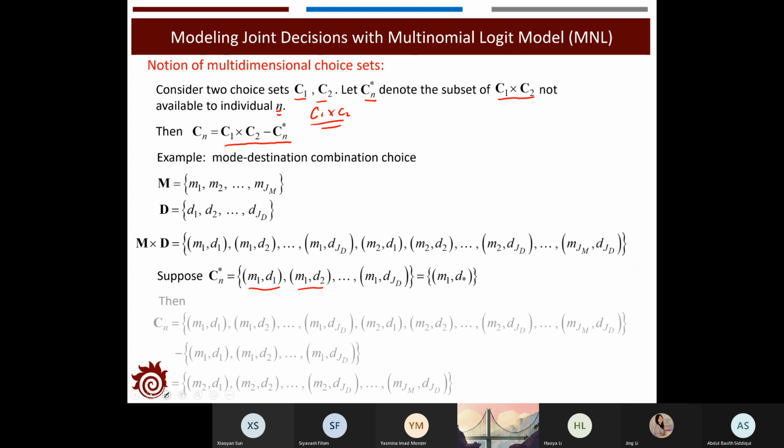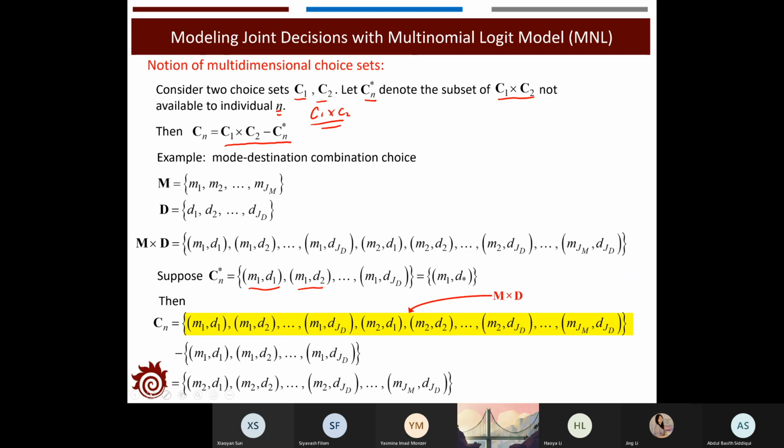Then we can find out the actual decision choice set for the individual n, which would be C1 times C2 minus Cnk. So in this case, that will be M times D minus Cn star. With that, we have the decision set that is available for the individual n.